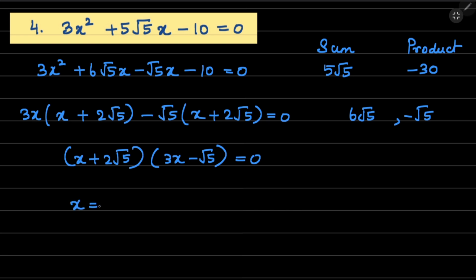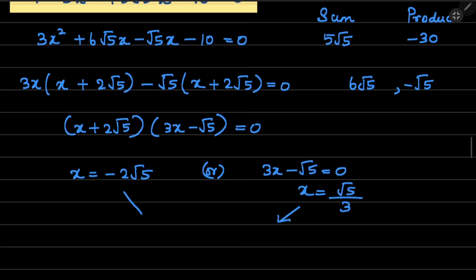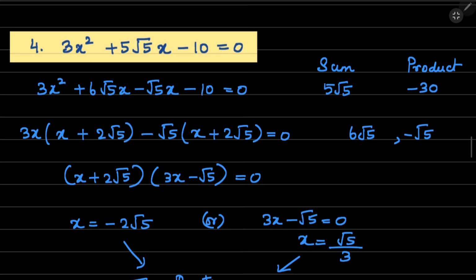So either x is equal to minus 2 root 5 when you equate the first factor to 0, or when you have 3x minus root 5 equal to 0, your 3x is root 5, x is nothing but root 5 by 3. So these are the two roots which you require.